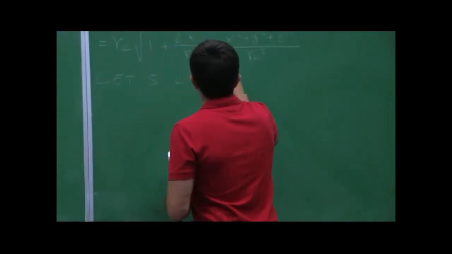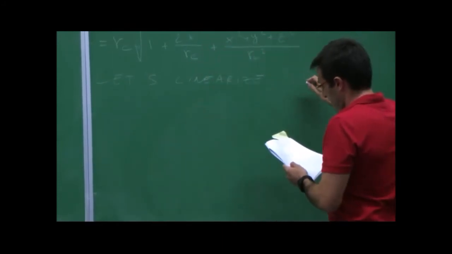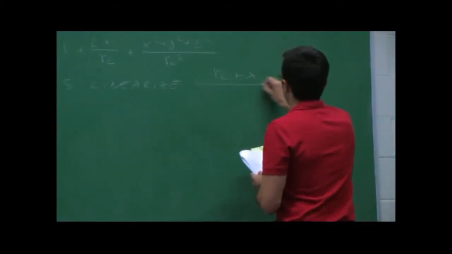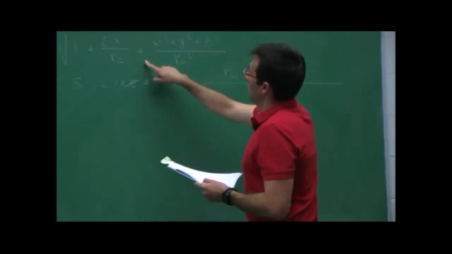So let's linearize that first term. That first term, except the minus mu, which is a constant, I'm just going to focus on (rc plus x) over this entire thing here, cubed.